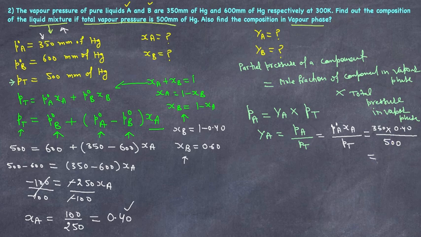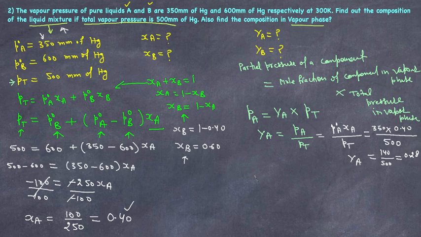And when we do the calculation, this gives me 140 over 500, and it's going to be equal to 0.28. So YA is equal to 0.28. So that's the mole fraction of component A in vapor phase.